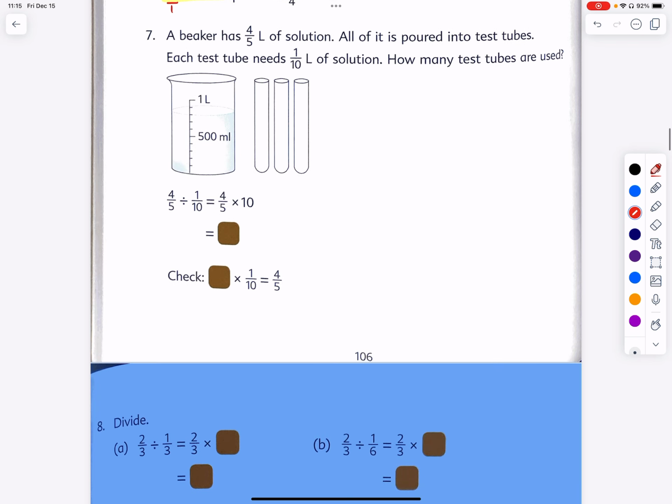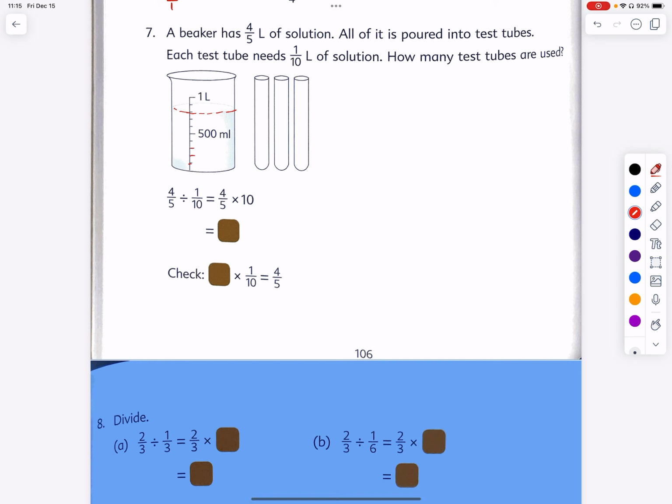Let's take a look at number 7. A beaker has 4/5 of a liter of solution. Look at this 4/5. It's right here. This is the volume, 4/5, which is 1, 2, 3, 4, 5, 6, 7, 8 out of 10. 8 out of 10 equal parts is the same as 4/5 of a liter, okay?